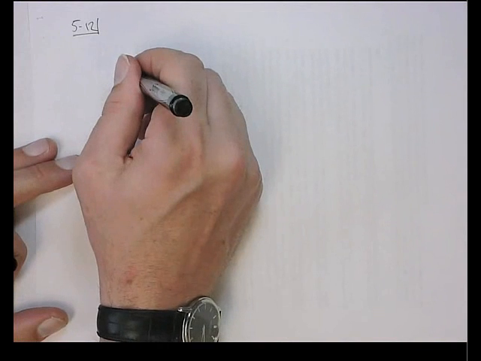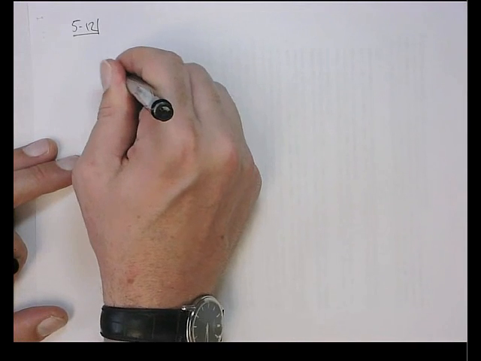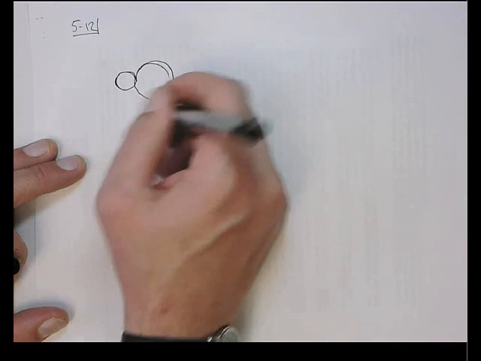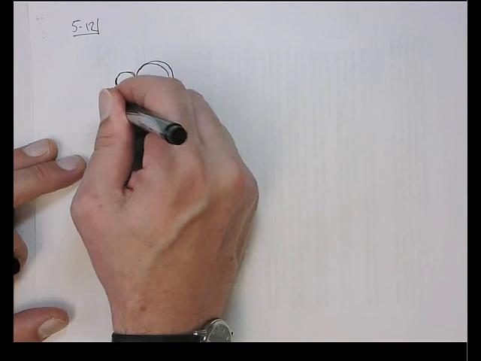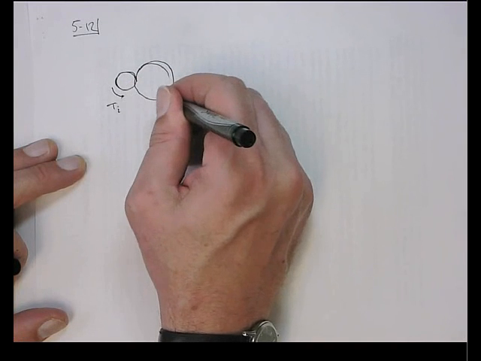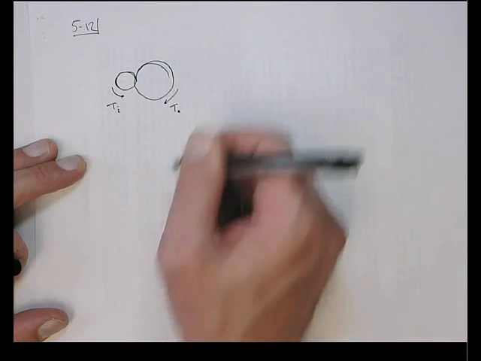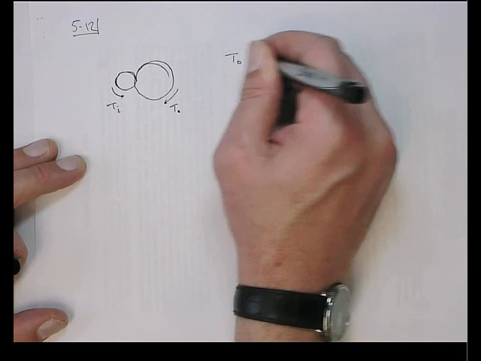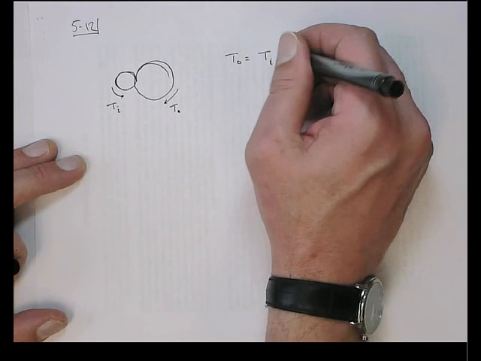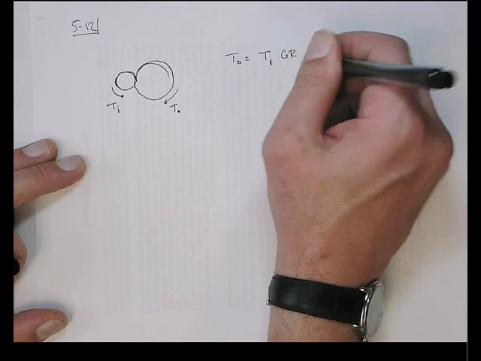Here I'm looking down the end. Imagine here's an input torque, then this would produce an output torque. The output torque is related to the input torque always through the gear ratio.